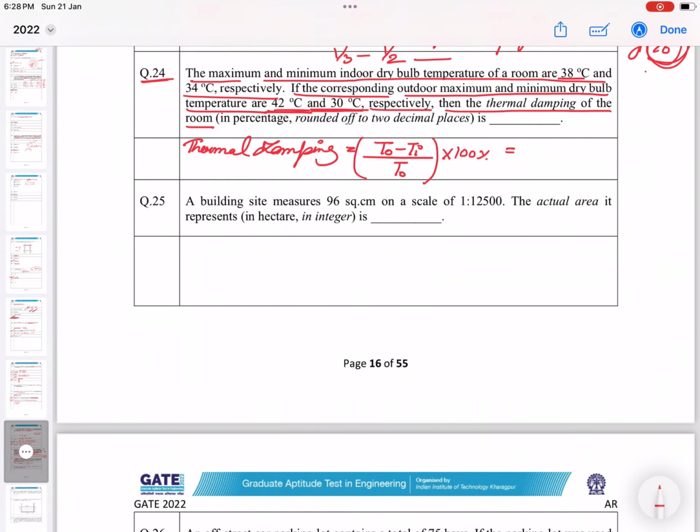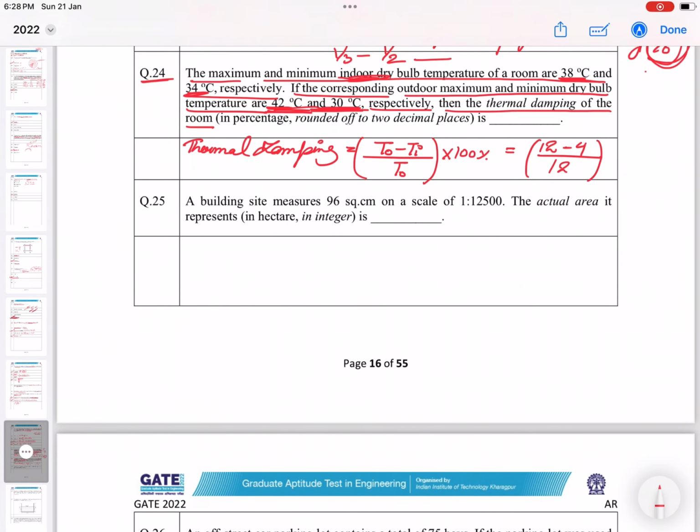So now what is the answer? We have the indoor temperature, 38 and 34, so the difference is 4. Now for outdoor we have 42 and 30, so the outdoor difference is 12.